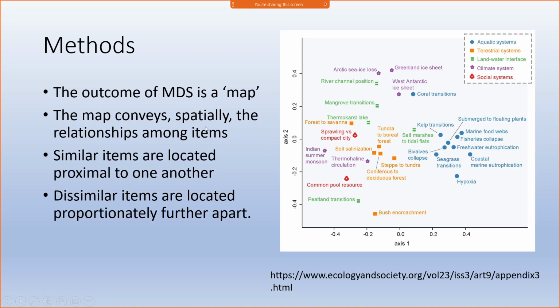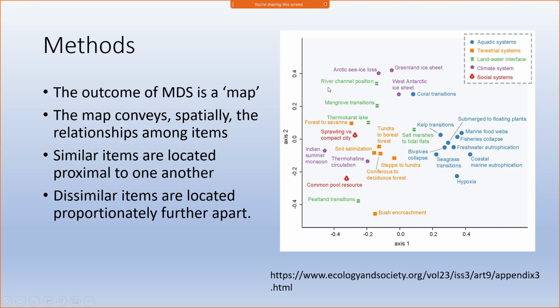The map spatially conveys the relationship between items, where you can see that similar items are located nearer to one another, and items that are different are located further away. So this is a website that you can go to.